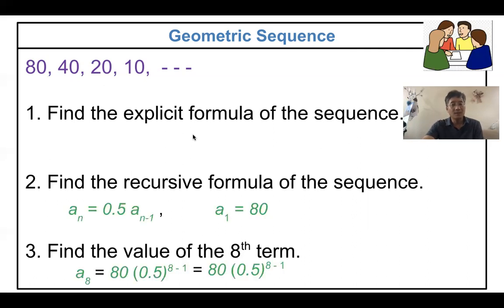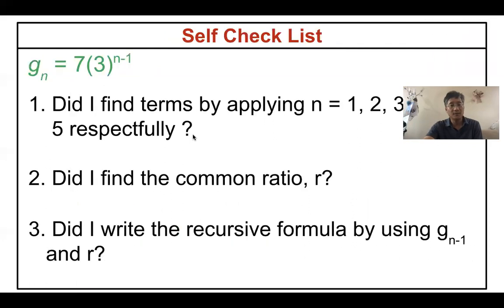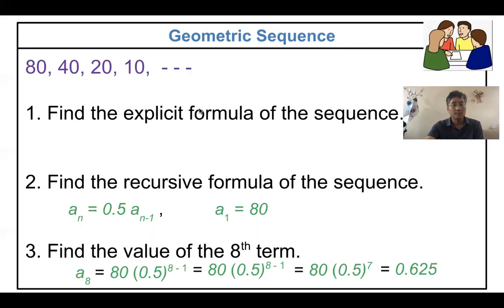So find out the explicit formula. I didn't write it down here, but a n equals what? 80 times 0.5 to the n minus 1 power, right? 0.5 is the same as half.